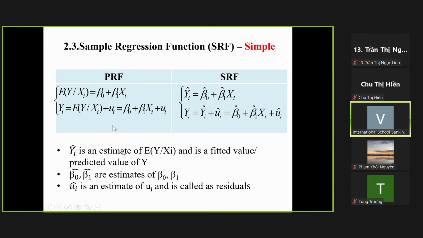Y hat is an estimate of the expected value of y, and is a fitted value and predicted value of y. It means that it has different names.